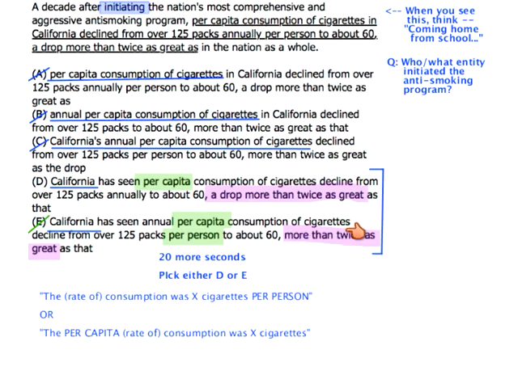This is not going to mean twice as much as people smoke on average in the country, because then the sentence would be nonsense. If the sentence wanted to say that, then we would need but, or even though there was this program, people still smoke twice as much. But what we're trying to say is that it went down more than twice as much as smoking went down in other states. So here, because these words don't actually say a drop, they just say they went from this number to that number, we actually have to specify that it's the drop that is more than twice as great.